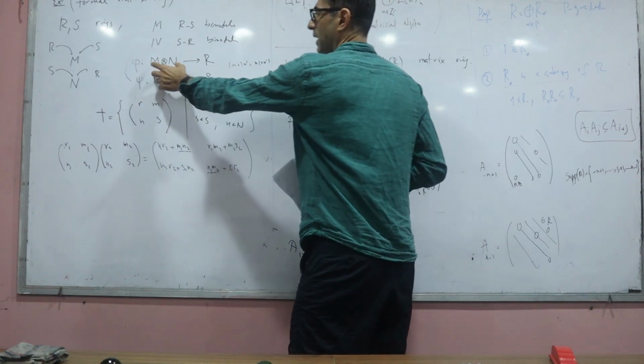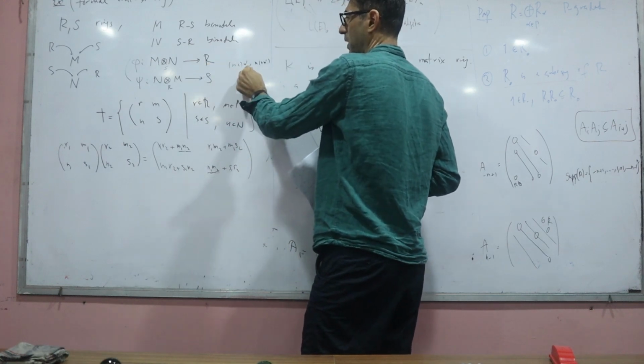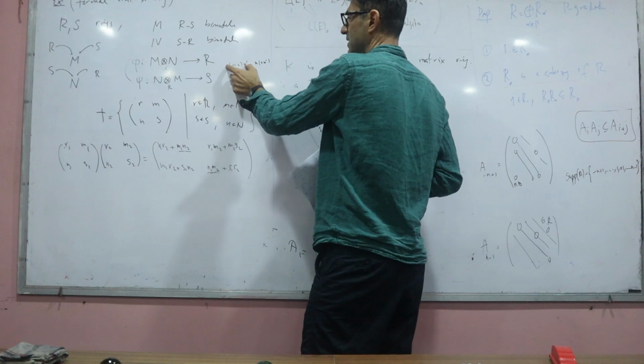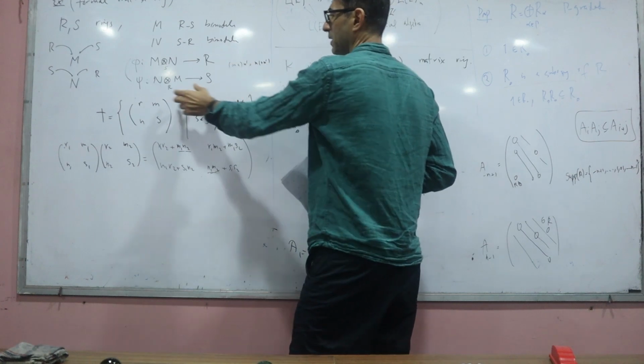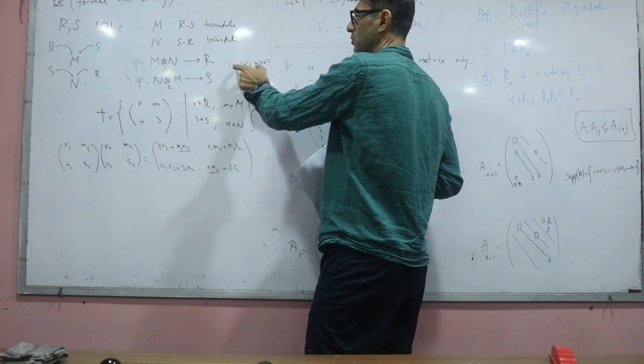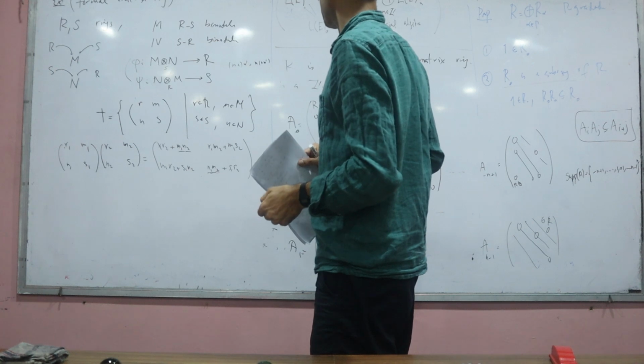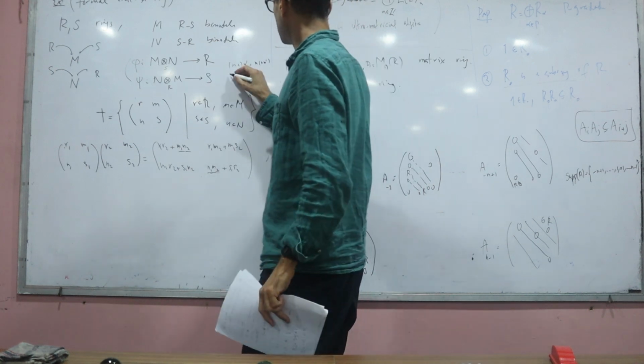M times N, I'm just using this, I come to R, and then I multiply with M prime, this is defined. This is the same as, I do N and M here, I get to S, and then multiply with M, and I force this to be the same. Do I need the other one?